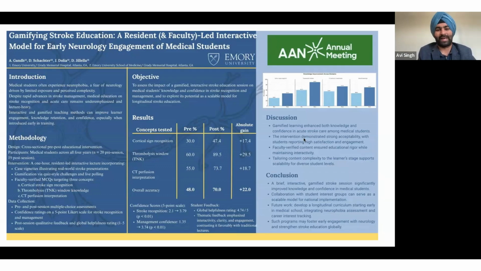Over the last few years, I have realized that the majority of neurophobia, or this conscious distance from neurology, is at the level of a medical student. And as the years progress, that distance from neurology only widens.